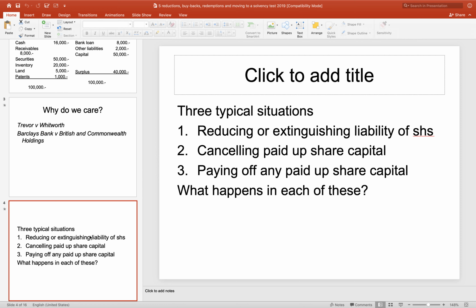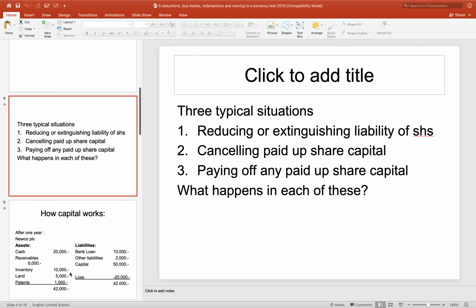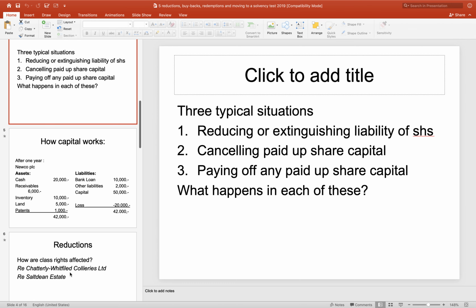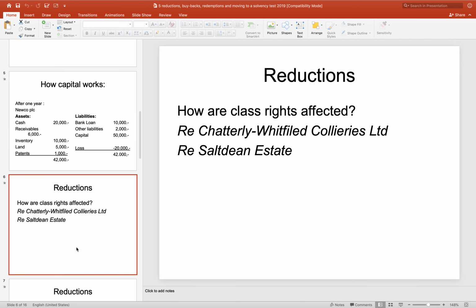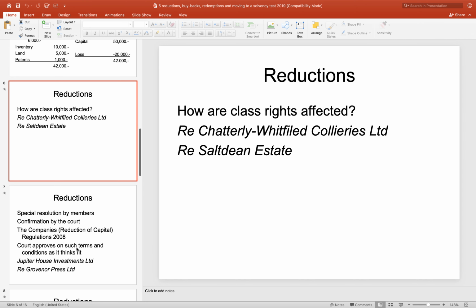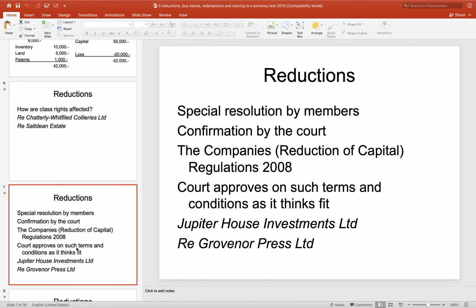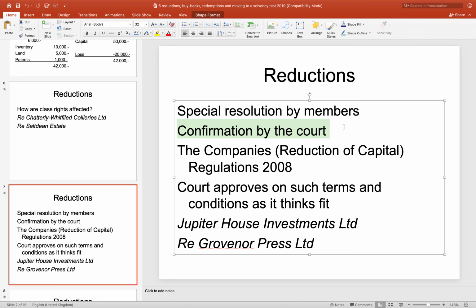And the situations that we need to worry about are a distribution, but also reducing capital, which we can do in three forms, and we spoke about how these operate. There's also a question of class rights. So what needs to happen? Well, for a reduction, the members have to agree and the court has to confirm that reduction, and it does so on terms and conditions as it thinks fit.